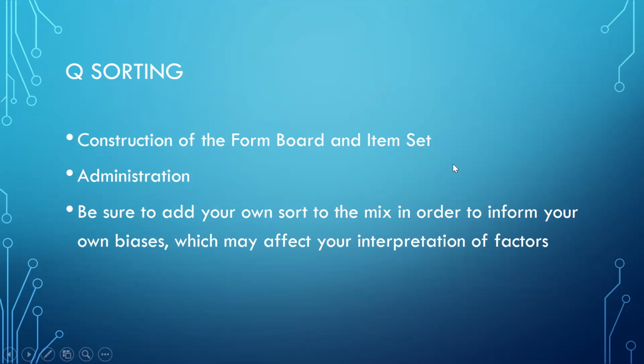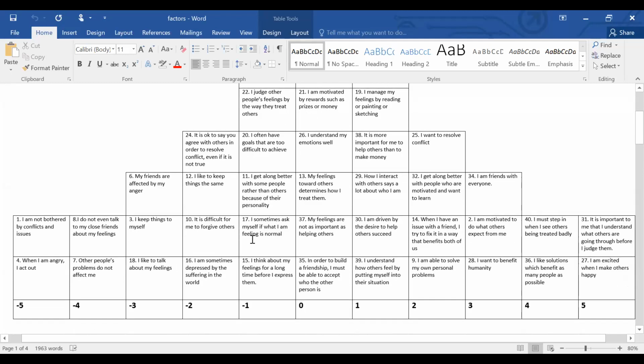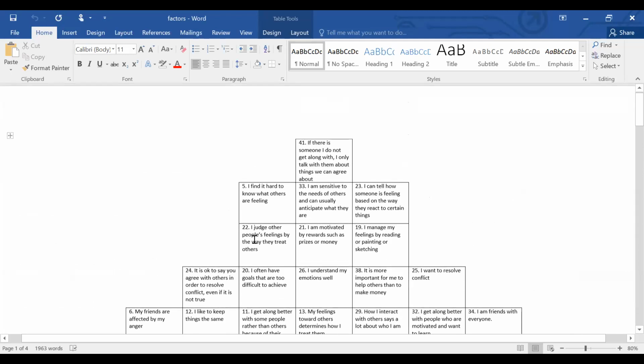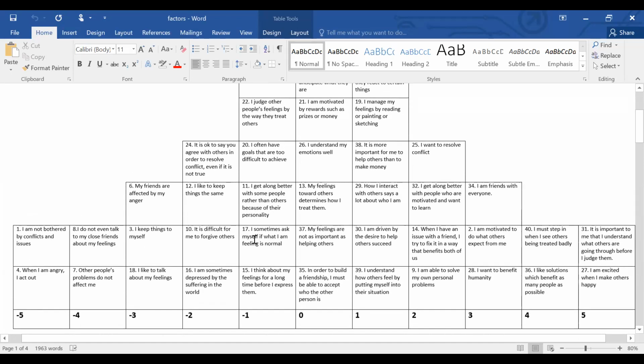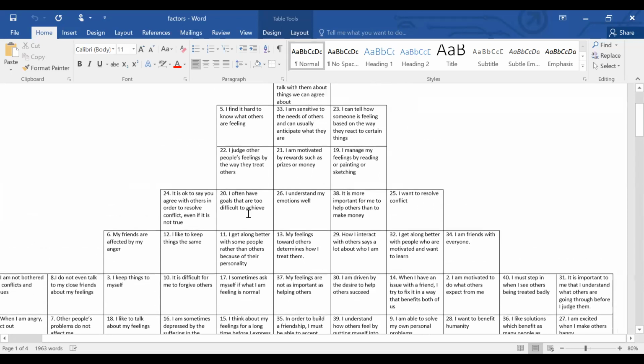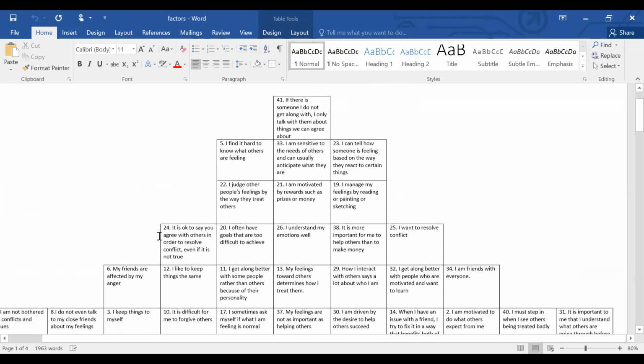Just for the sake of example, I'm going to change my screen share and look really quickly at a set of data. So this is a form board. As you can see, this is a factor one of a set of data that I had. But anyway, as you can see, it is arranged in a sort of bell curve type shape, just like you would have in a normal bell curve.